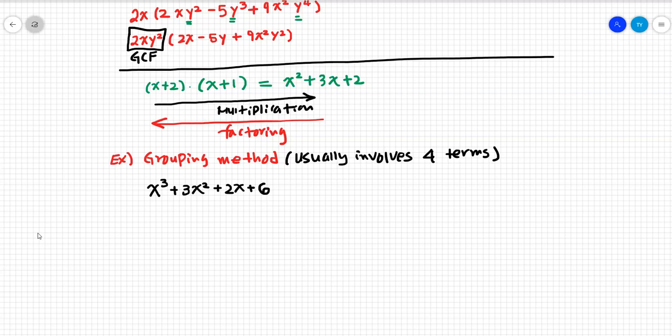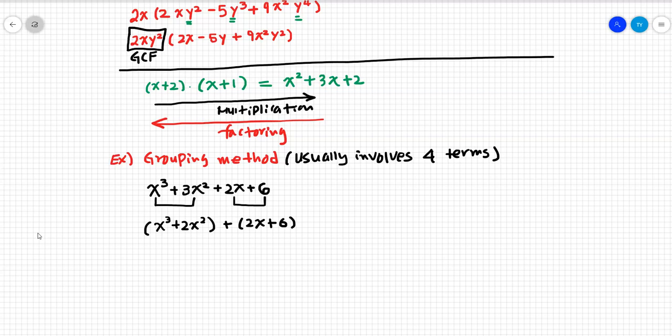So I'm going to put these 2 terms together, and then we're going to put these 2 together. I'm going to put the parentheses and put them together like this. So you got x cubed plus 3x squared, plus 2x plus 6.